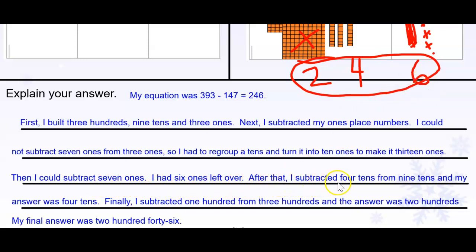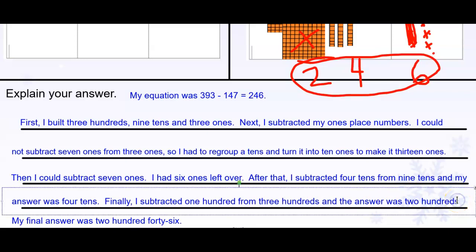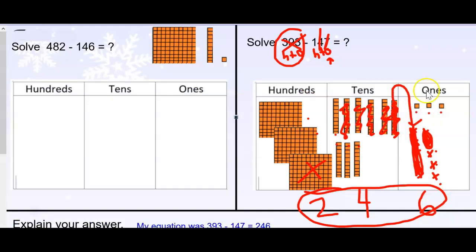After that, I subtracted 4 tens from 9 tens, and my answer was 4 tens. Finally, I subtracted 100 from 3 hundreds, and the answer was 2 hundreds. My final answer was 246. Great job, boys and girls.